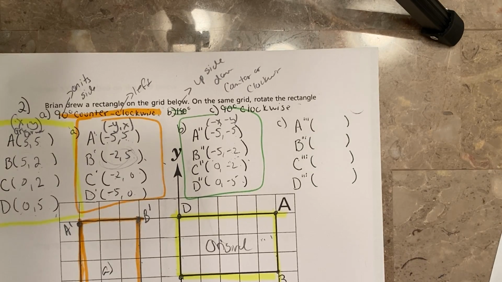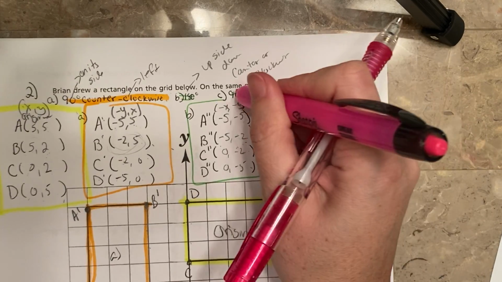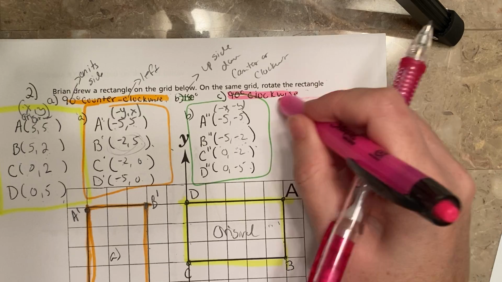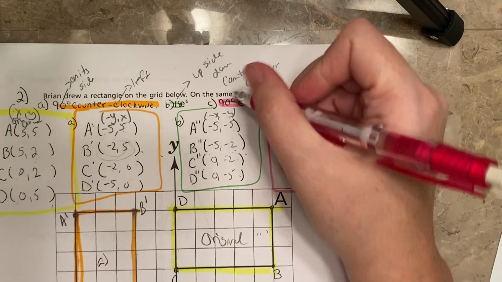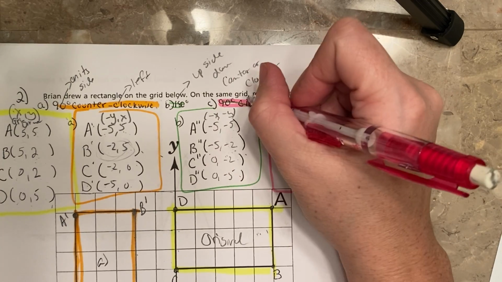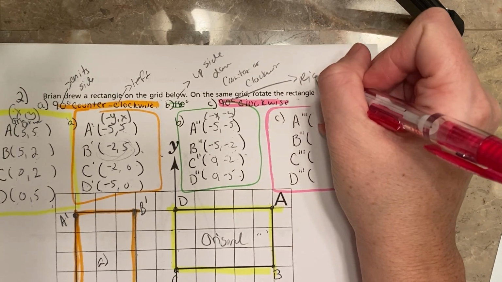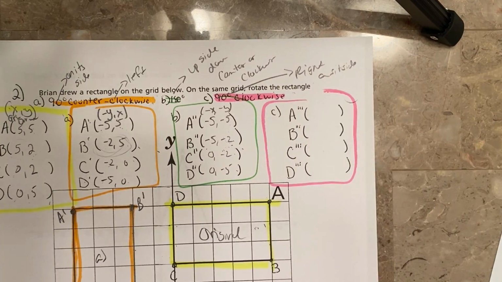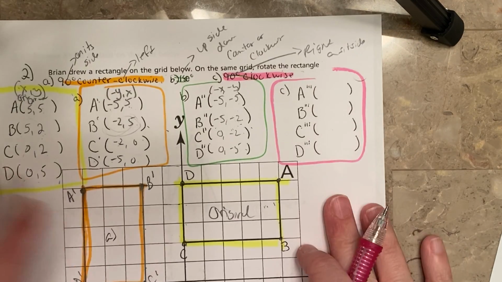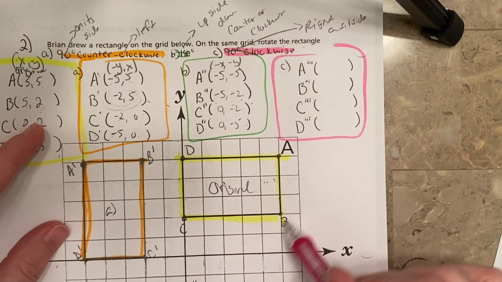Let's go. Pink. All right, so now we're going to do 90 clockwise. So remember 90 and clockwise. So it's going to go to the right and it's going to go on its side. So again, we're just going to try to come up with the rule ourselves. So it's all about this original.